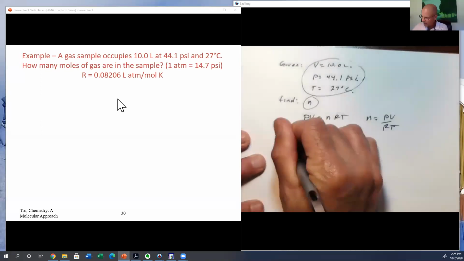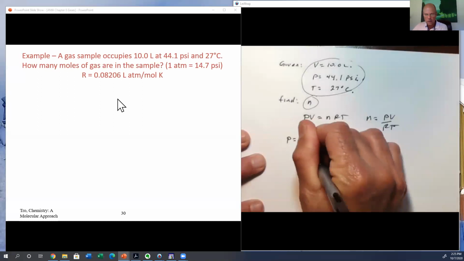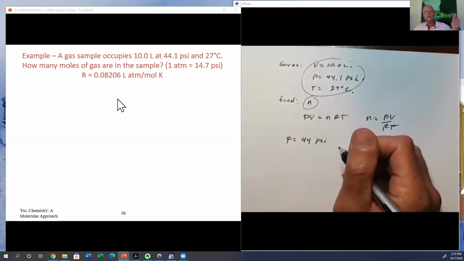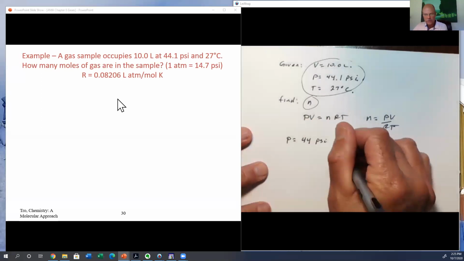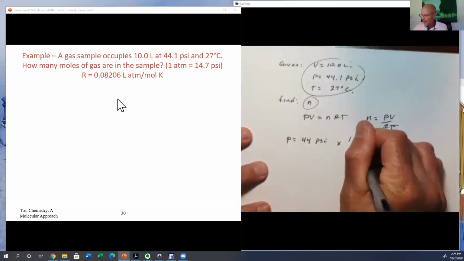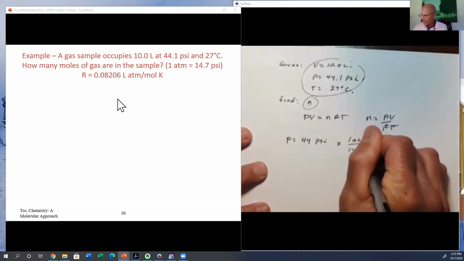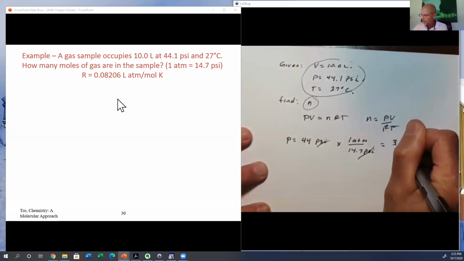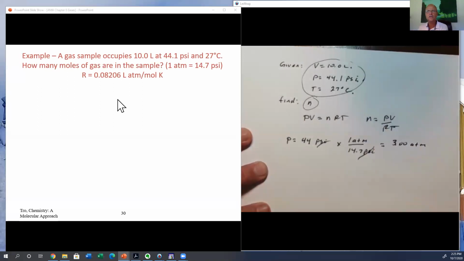We'll start with P. P is equal to 44 pounds per square inch. This is the unit we more normally use, like when we fill up the tires on our bikes or our cars. The conversion factor is that 1 atmosphere is equal to 14.7 psi. So that cancels, and I get 3.00 atmospheres for my pressure.